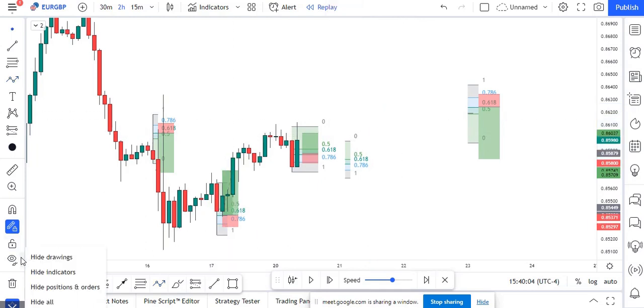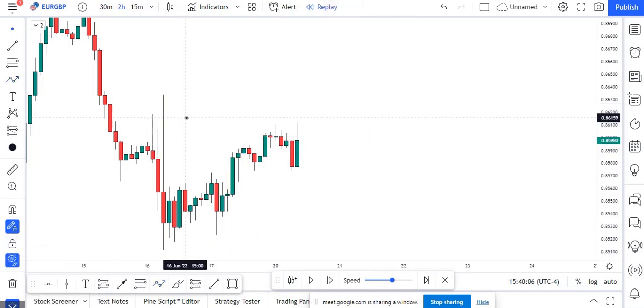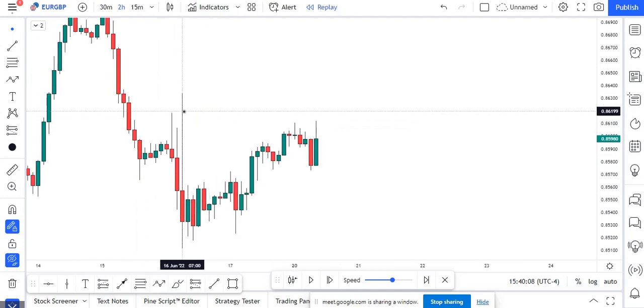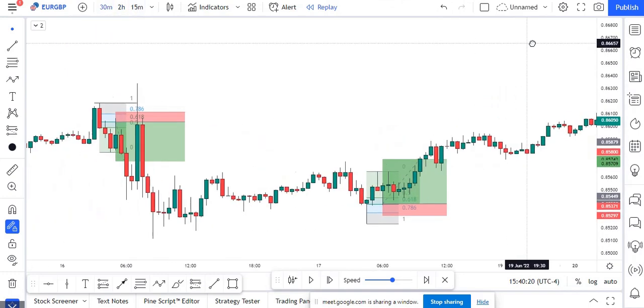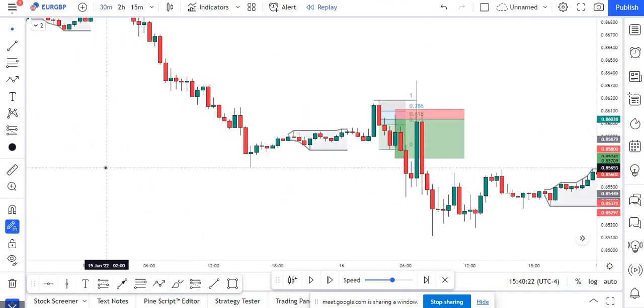So just a bit of an irregular example is this. This wick right here took out this high. Let me see if I can refine that wick, or is that wick still on the 30 minute?